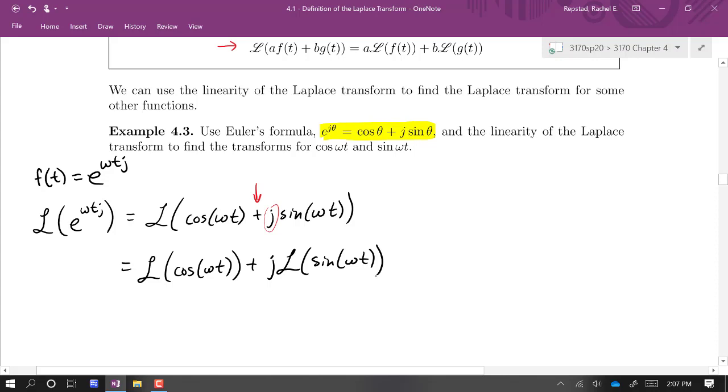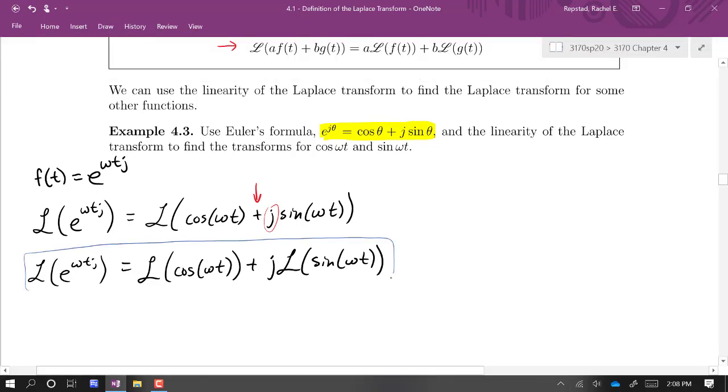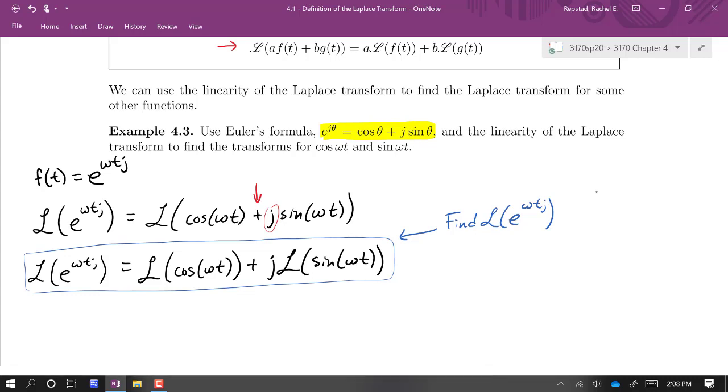So here's what our strategy is going to be. Our takeaway from this line right here is that we're going to find the Laplace transform of e to the omega t j. That will be an expression that's going to have a real part and an imaginary part. It will be complex, and that's okay.